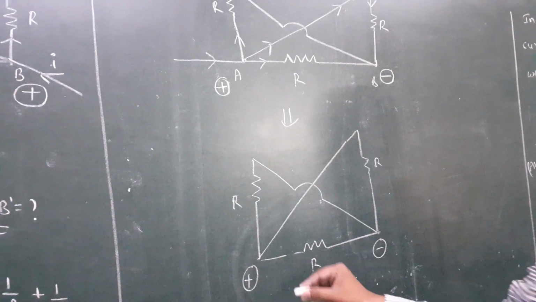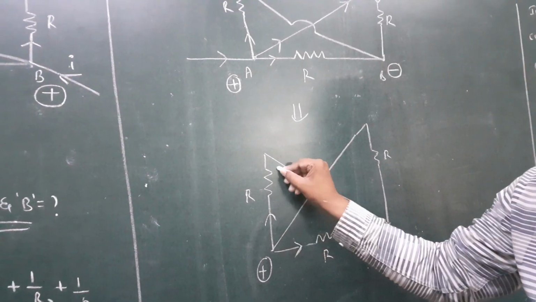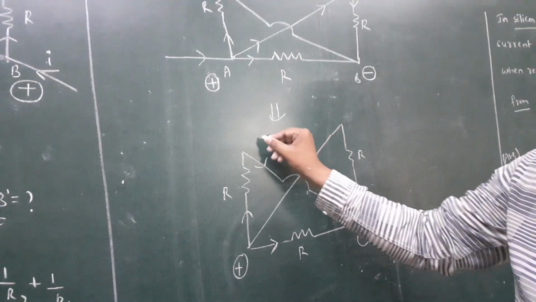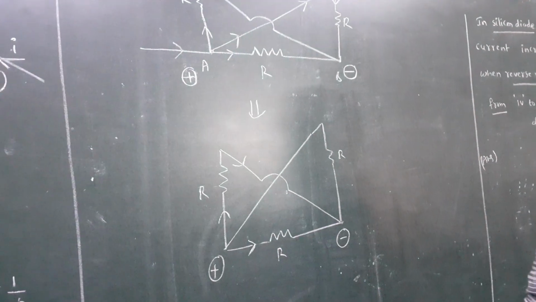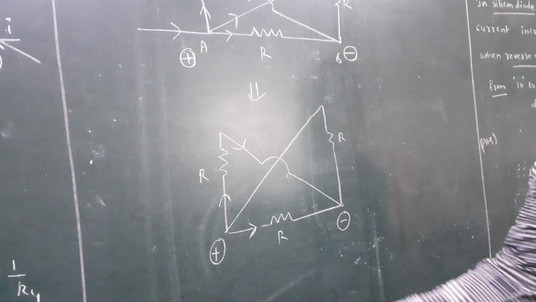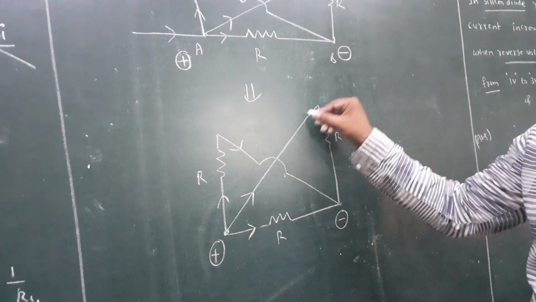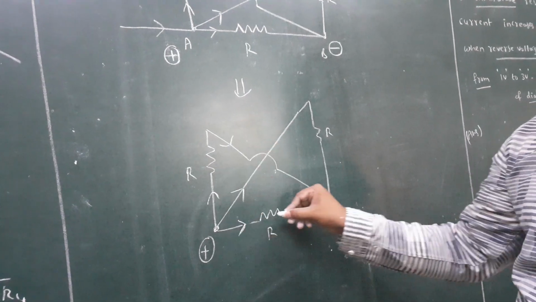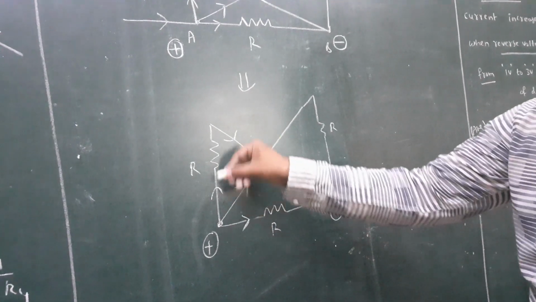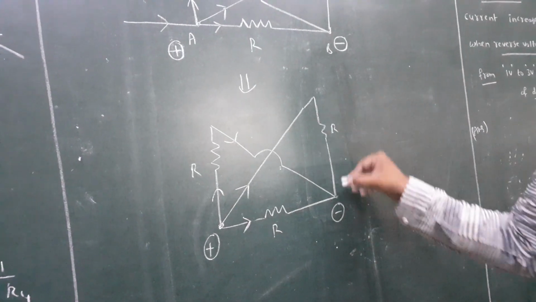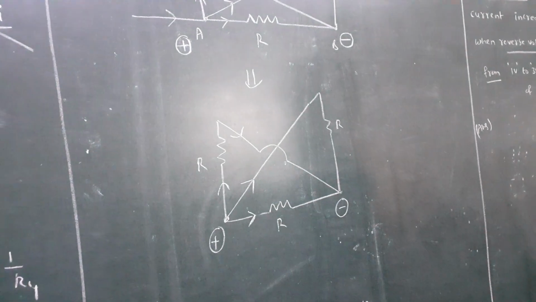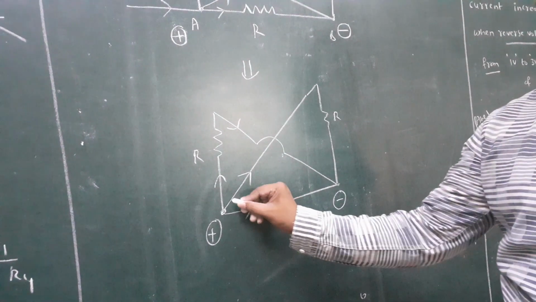Again, current flows here always because the diode acts as a reverse bias. No working. Here how many resistors are there? According to this, this is the current divide. All reach plus to minus. Okay. Here the current is divided.